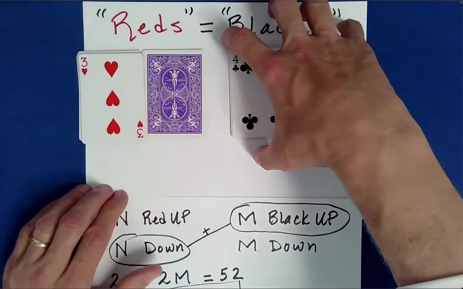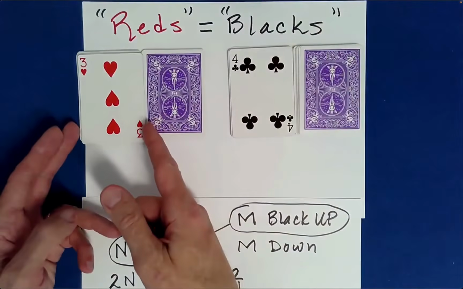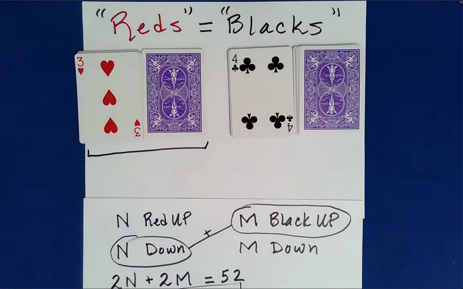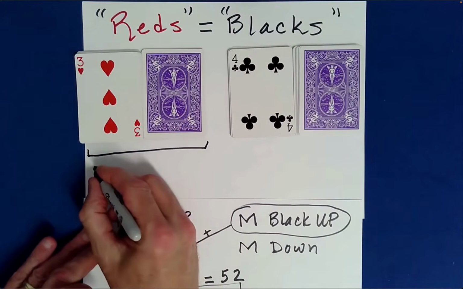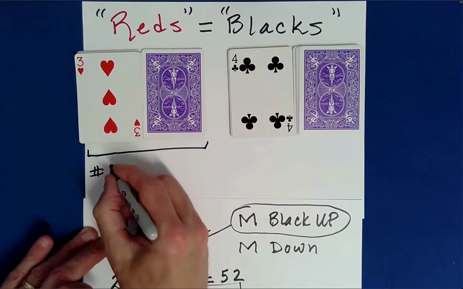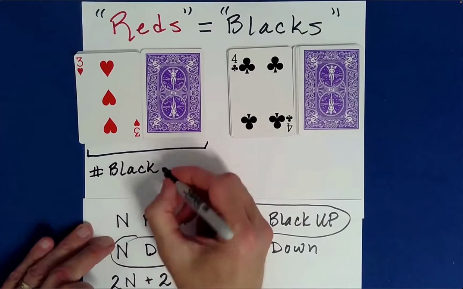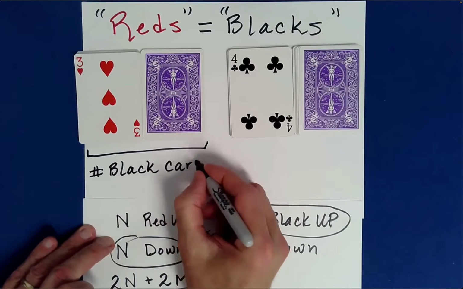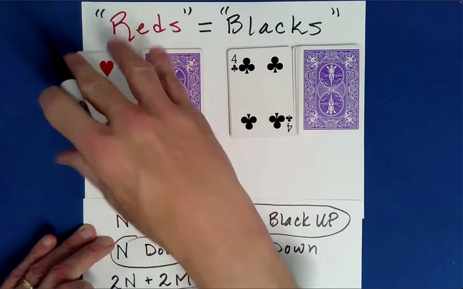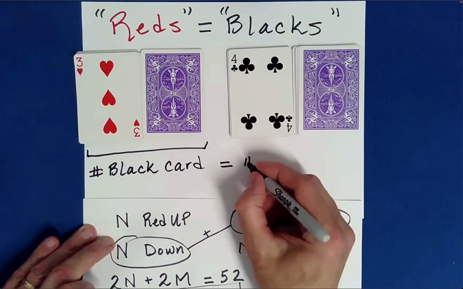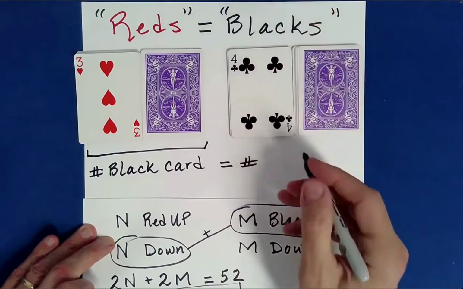Okay? Well, what do we know? So we know that the number of black cards here, this is like 26 cards, must be equal to the number of red cards for this second half of the deck.